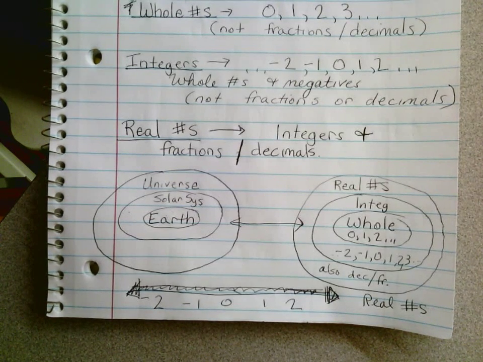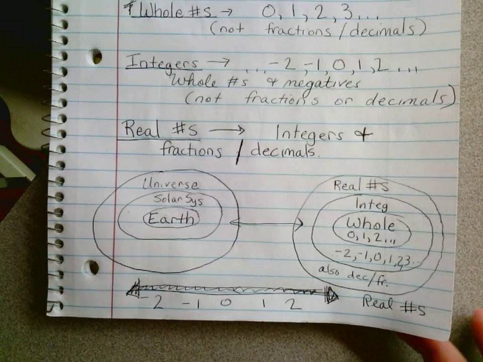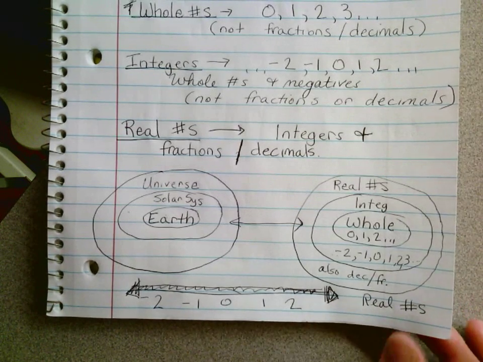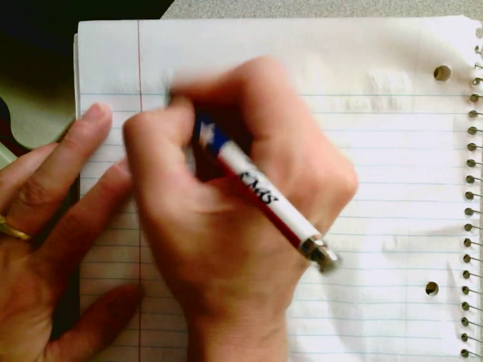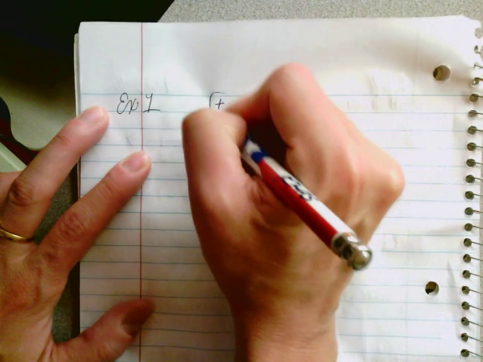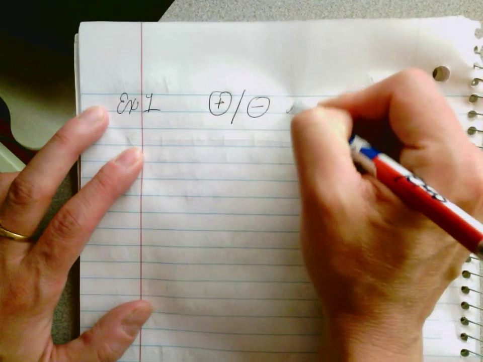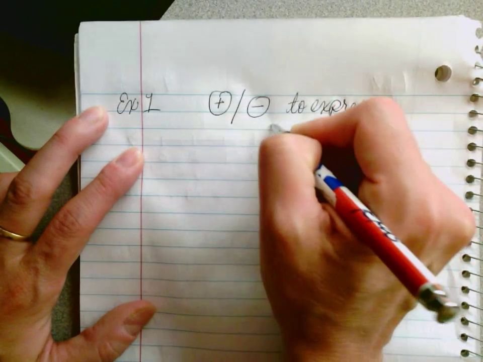Now, positives and negatives are often used to express direction of a number. So this is example 1. Positives and negatives to express direction of a number.